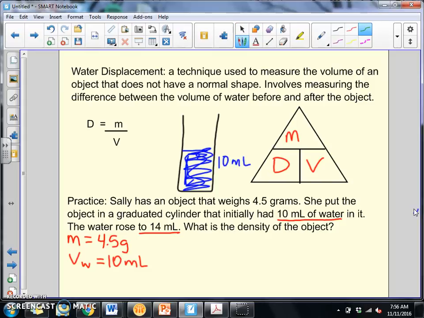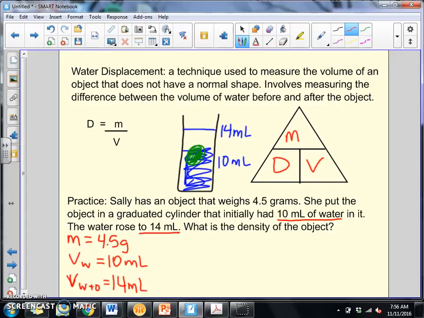And so when she added her object, we'll say that's her object, to the graduated cylinder, the water went up some. And it went up to 14 milliliters. So I know that my volume of my water plus my object is equal to 14 milliliters.